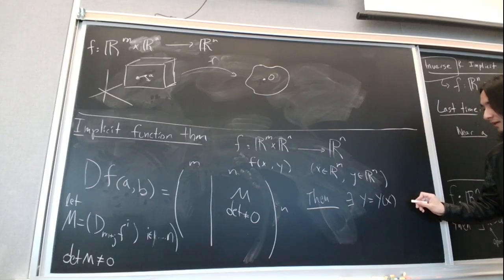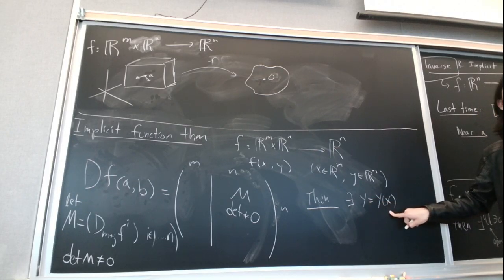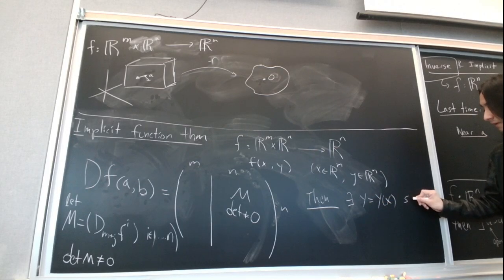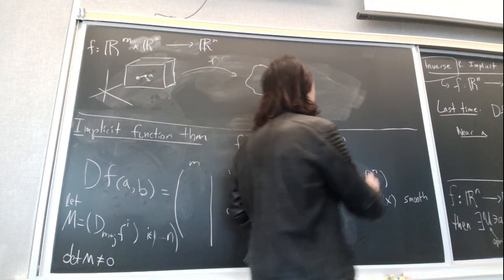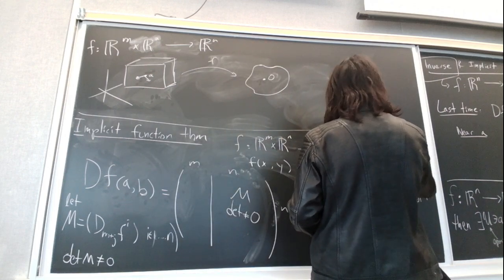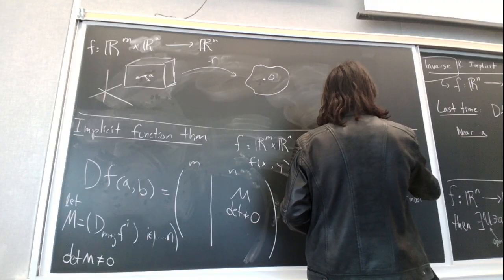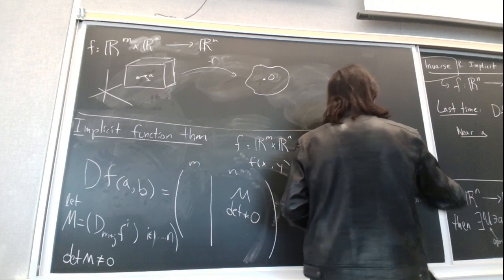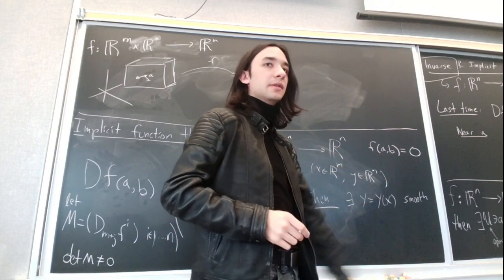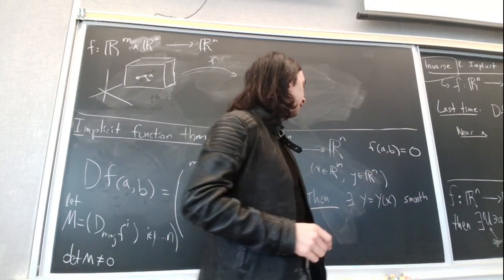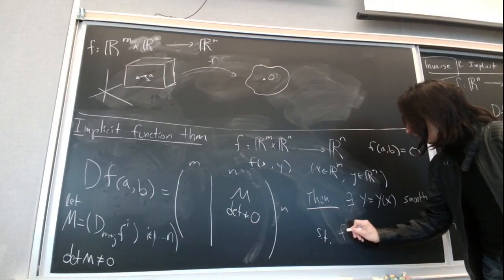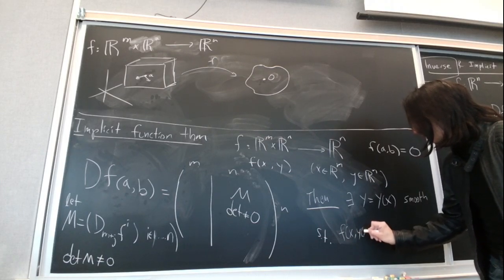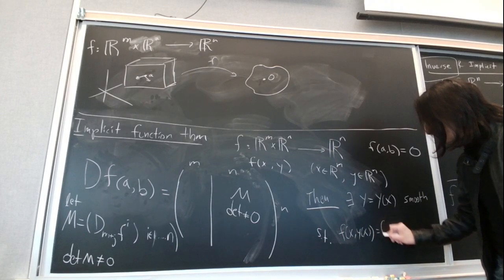So there's a function y of x, which is smooth, such that, also suppose f(a, b) = 0. We want to look at the preimage of 0, so suppose the point that we're near is actually a preimage of 0. Good, there's a smooth y of x such that f(x, y(x)) = 0.